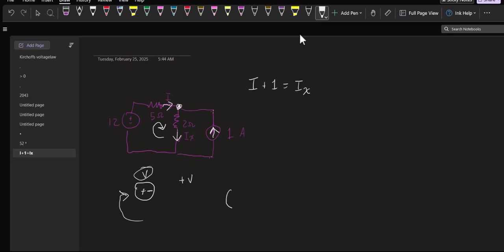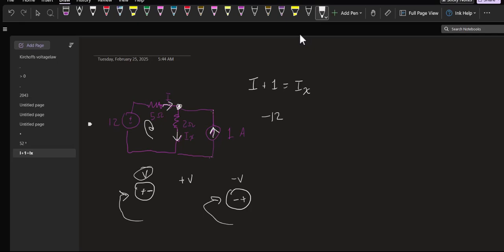If, when you're doing your KVL loop, you are coming into the negative side of the voltage source, then you do minus whatever that one is. So as I'm going around this loop right here, I'm coming into the negative side of the voltage source, so that'll be negative 12.